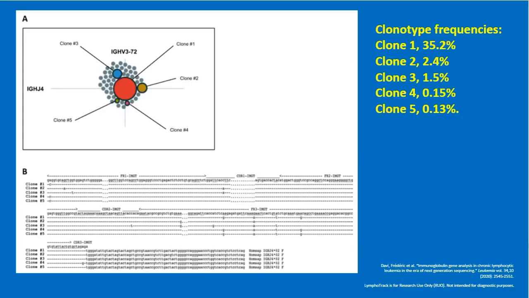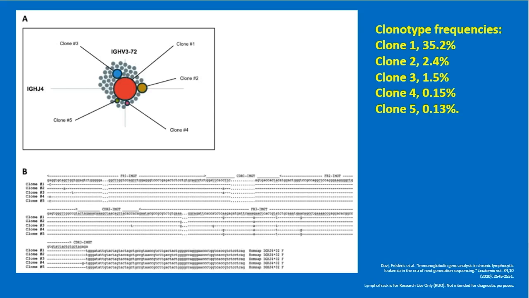Here is an example of the power of next generation sequencing. If we were using Sanger sequencing based methodology, we would have been missing this smaller subclonal population, which represents roughly 2.54%.